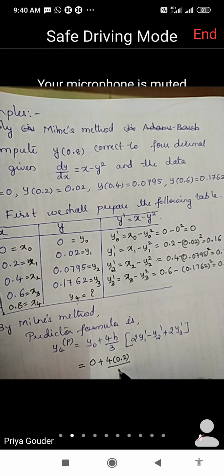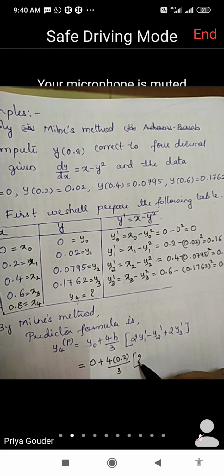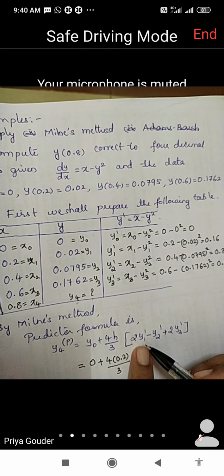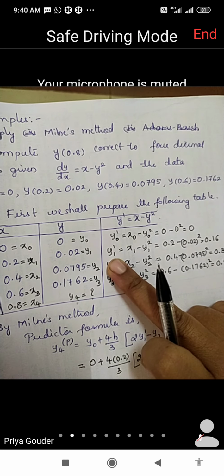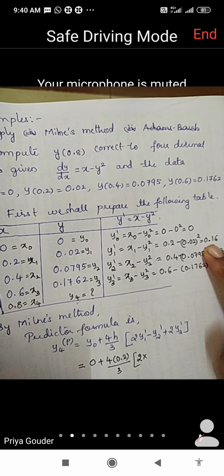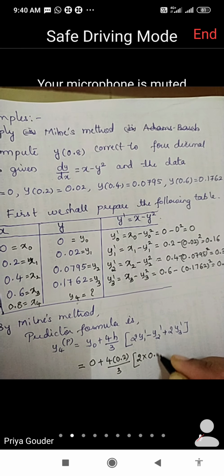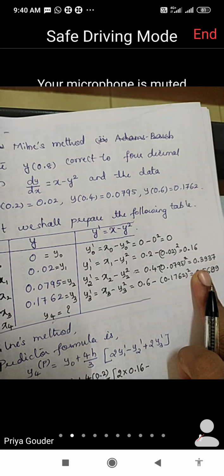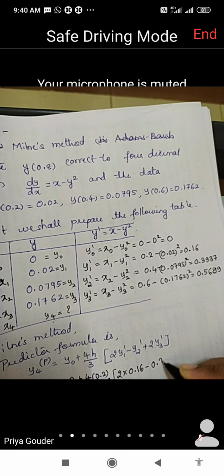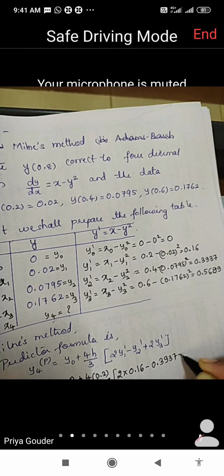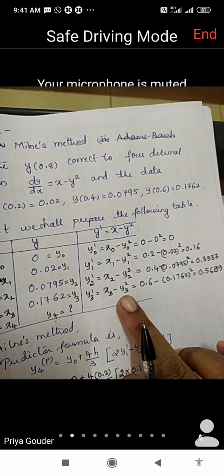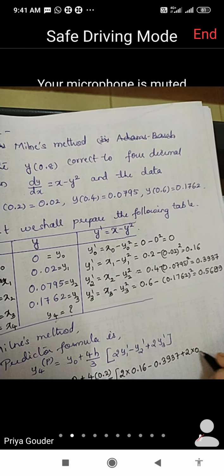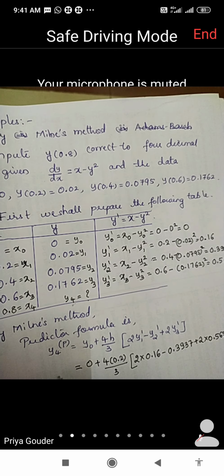Divided by 3 into bracket 2 into y1 dash. So y1 dash is 0.16, 0.16 minus y2 dash, this is 0.3937 plus 2 into y3 dash. Y3 dash is 0.5689. Is the substitution clear?